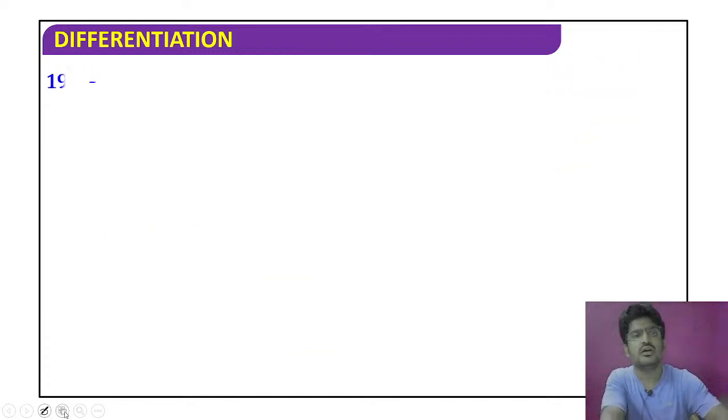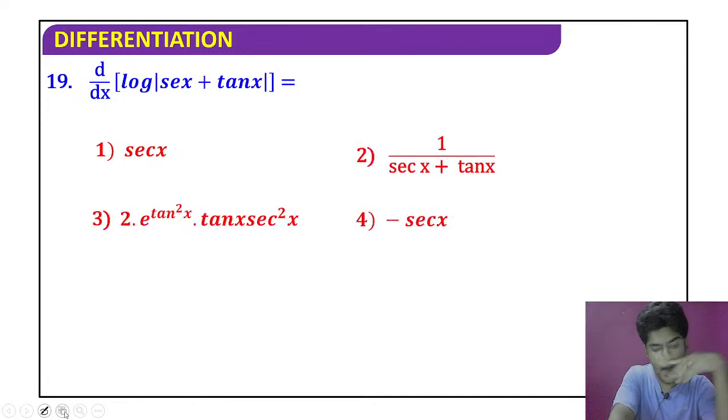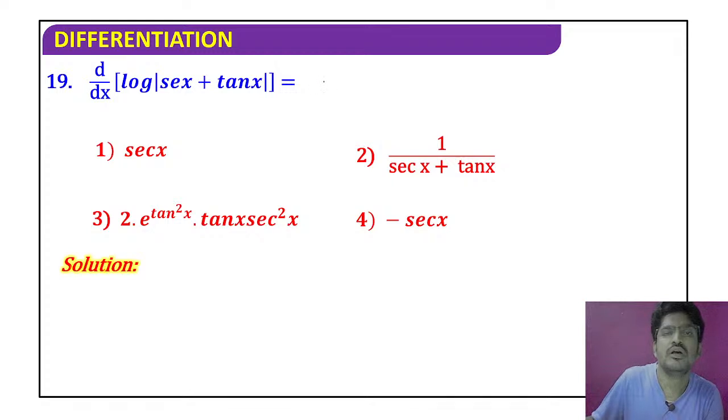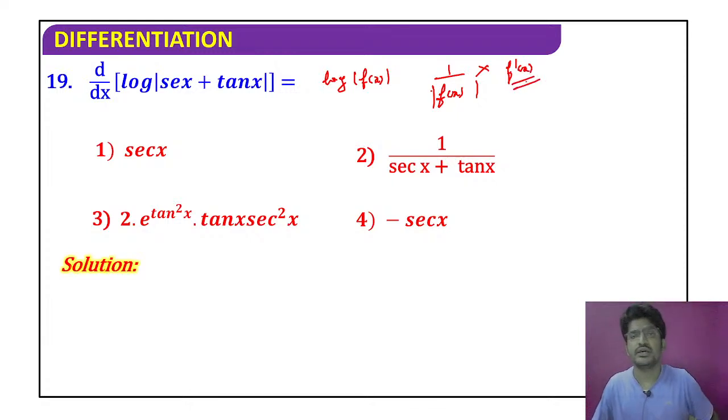So quickly we can go for the 19th problem. So my dear students, again this is in the form of log of mod of f of x. So the derivative is 1 by mod of f of x into differentiation of f of x, right?